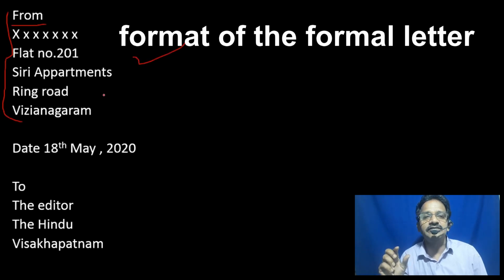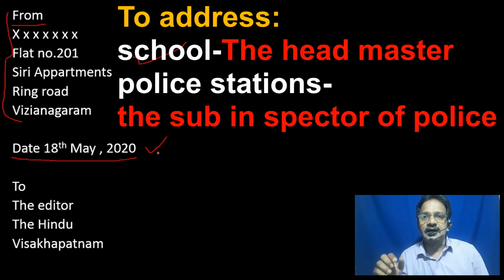This from address and date, this is the main part, heading of the letter. And from address shows that where the letter is written, and the date shows when the letter is written. While writing date, you have to write the full form. Some people are writing 18/5/2020. This is not correct.